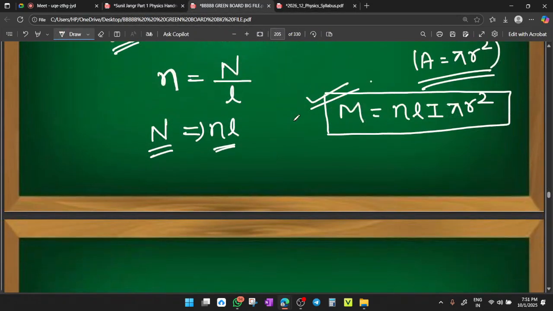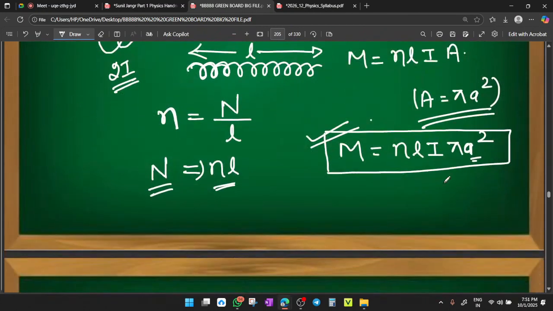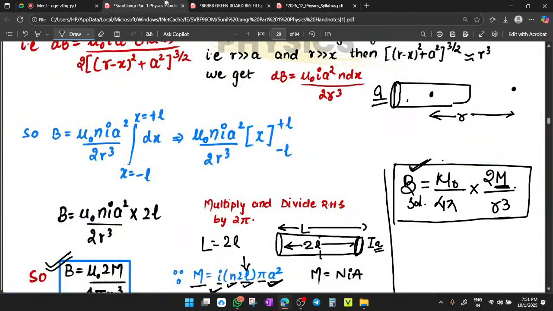To avoid the confusion, we take the radius as small a. So the area will be pi a square. Remember, in physics, your concept should be very clear, to avoid any type of confusion. So here the radius is a, so it will be pi a square. Clear, beta? Now you can note this.